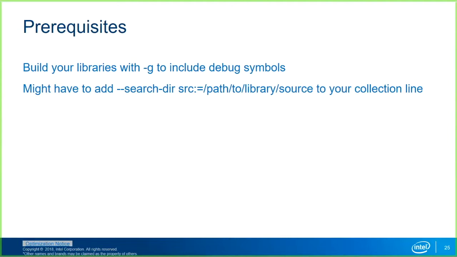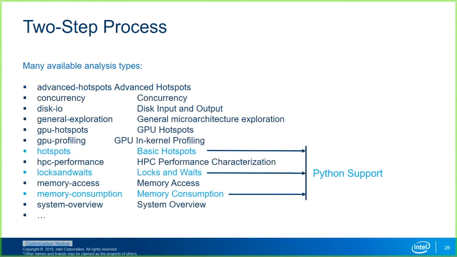If you don't do this, it might not find it automatically, and you might have to link to the source through the dialog box that pops up. So for profiling external libraries, it's essentially a two-step process.